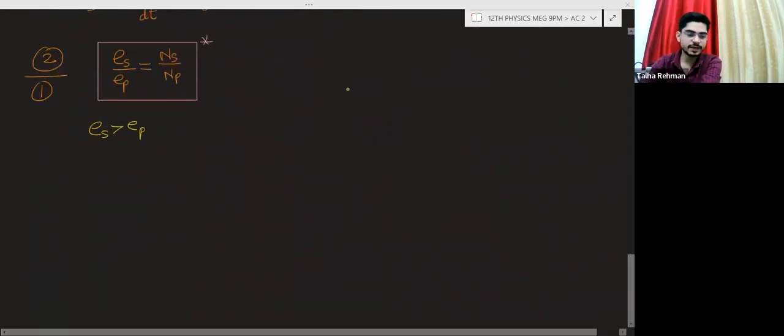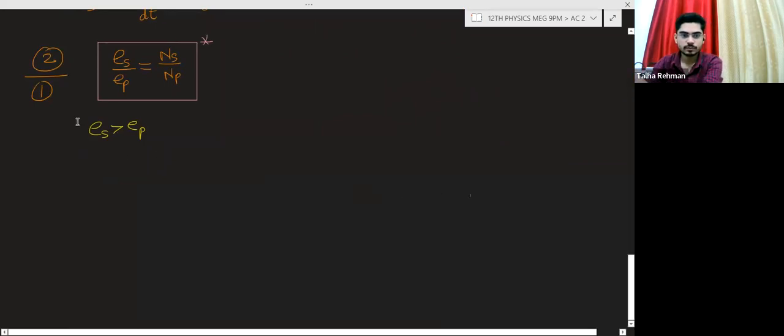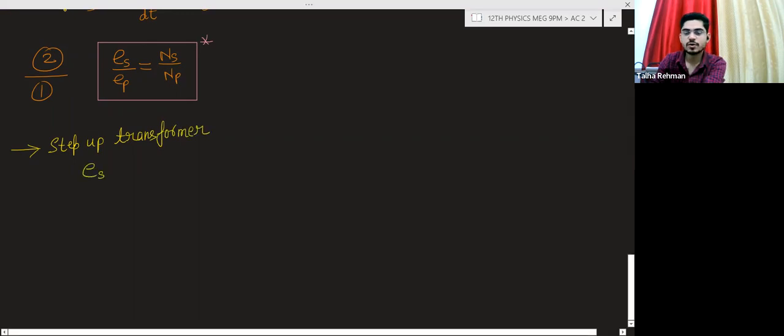So this will be a case of a step up transformer. So in a step up transformer, you can write here: step up transformer. Secondary voltage or output voltage is greater than the primary voltage.